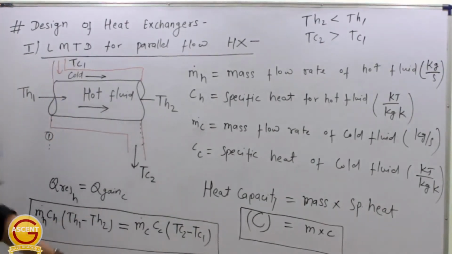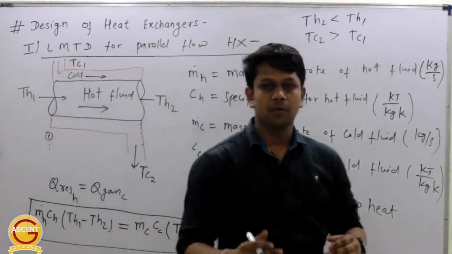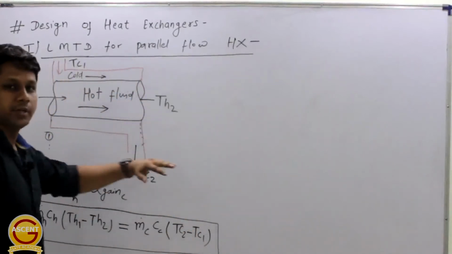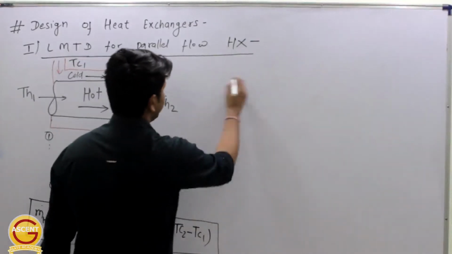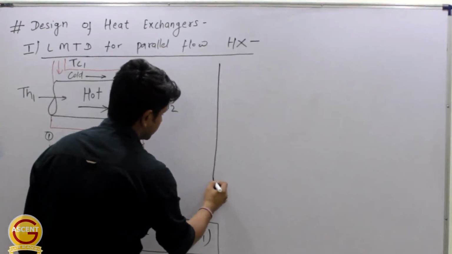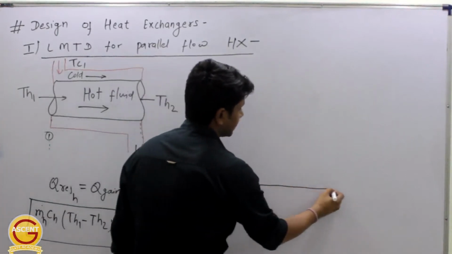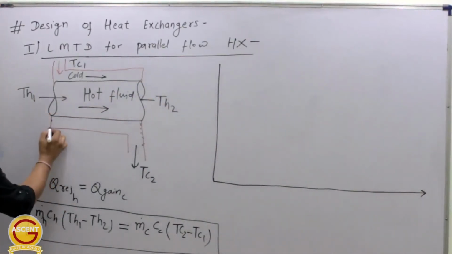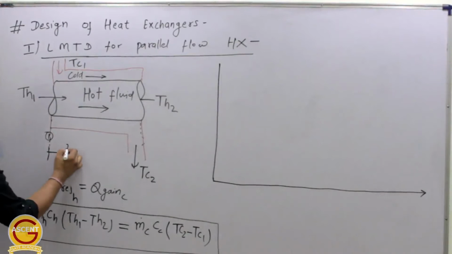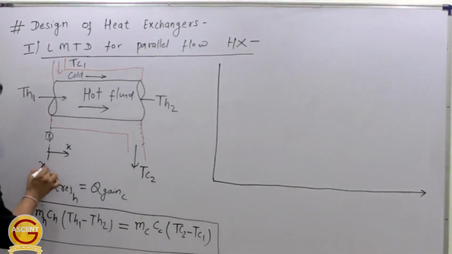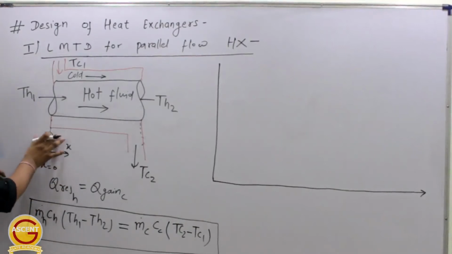Now we will see the temperature profile. How is the temperature variation in this parallel flow heat exchanger? Let's say in the y-axis we are taking temperature, and in the x-axis we are taking the distance x. At the inlet, at x equal to 0, the location we are taking as 1.